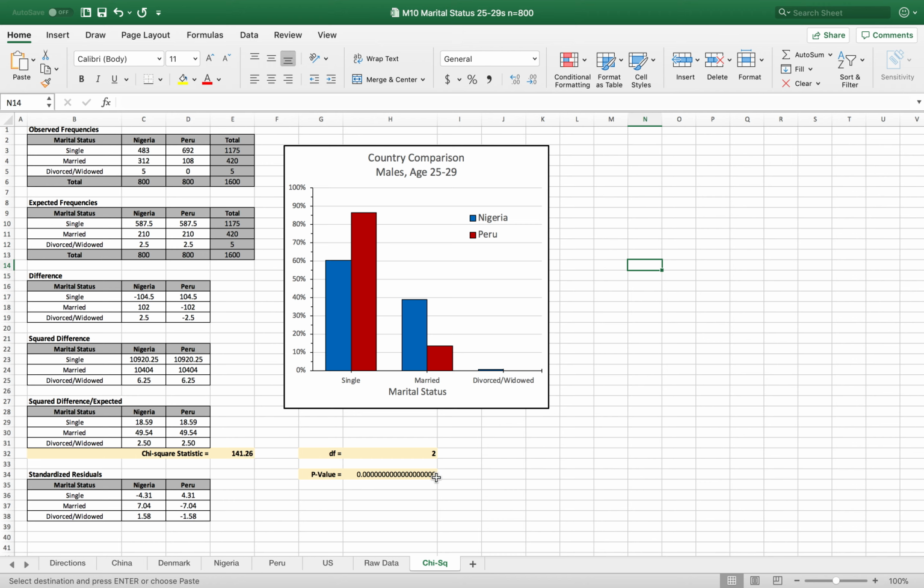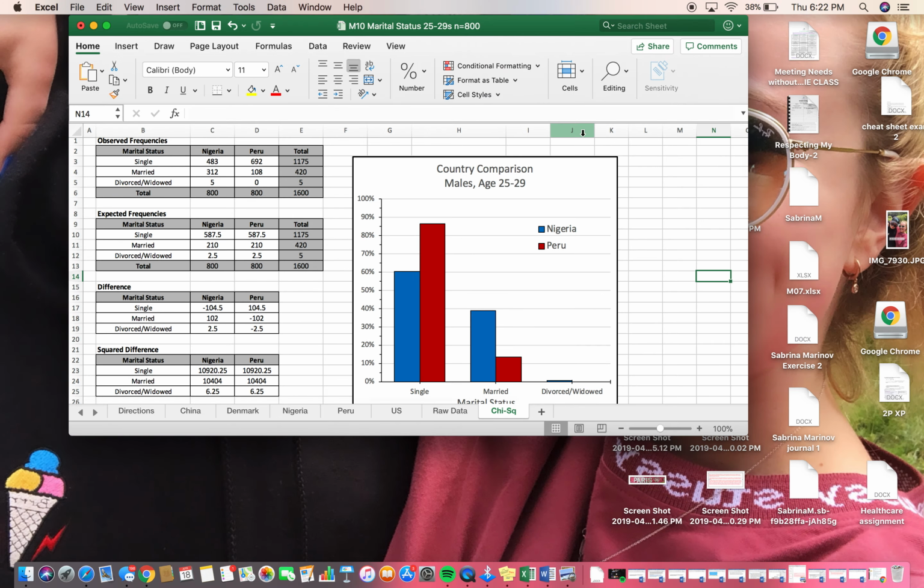Here's my p-value of 0, degrees of freedom 2, and then my differences. The negative 104 in Nigeria means there were not enough, and the 104 was 104 higher than we thought it was going to be.